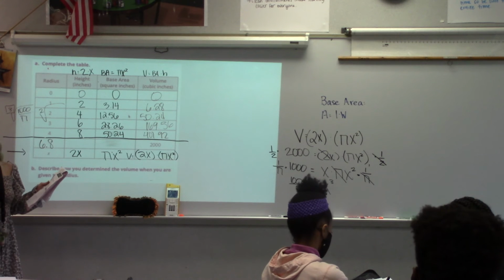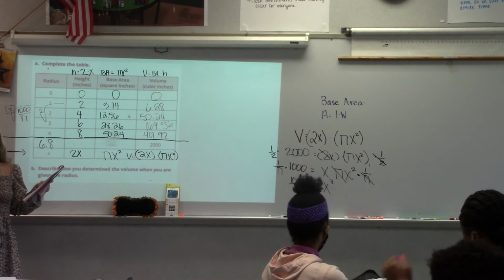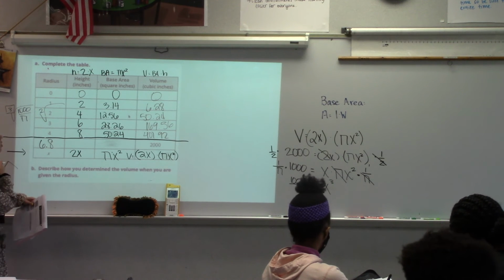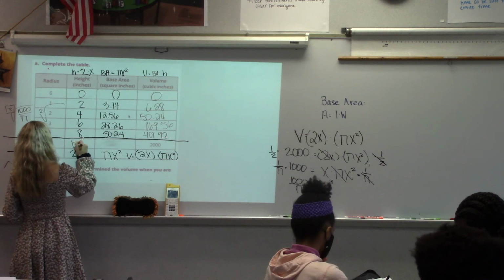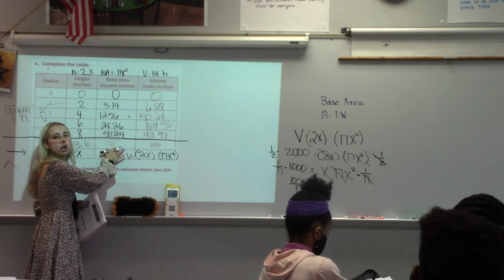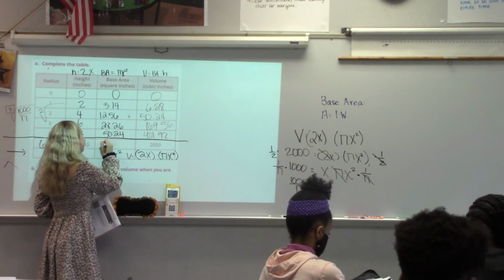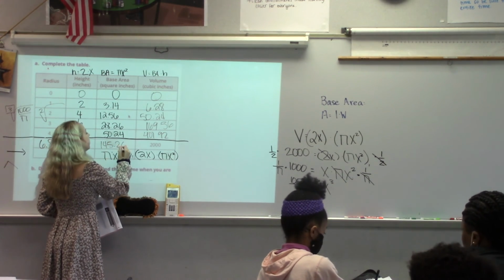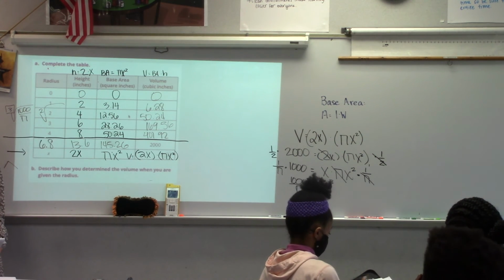Okay, so let's see. What did you guys get for the height of this one? 13.6. Okay, 13.6. And what did y'all get for the base area? 145.26. Okay, so how can I use this to check myself?